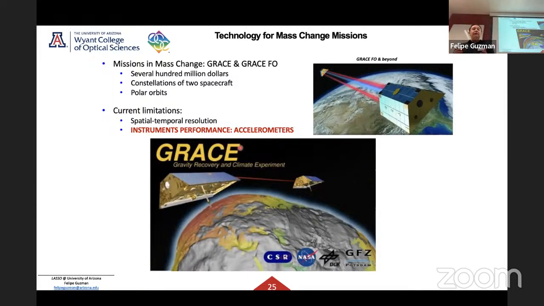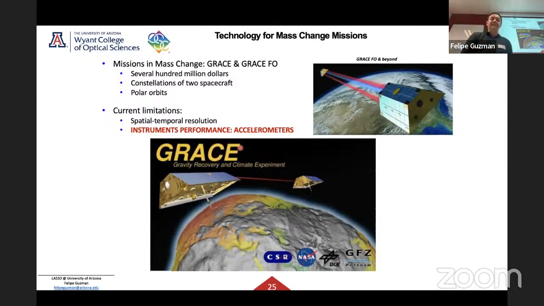So the GRACE satellites fly accelerometers in order to detect non-gravitational forces. So the spacecraft are effectively the gravitational sensors, but as you can imagine, there's drag acting on them. There are other effects that will give you an acceleration signal that could look like gravity, but it's not. So you want to measure that and subtract it out from the signal.